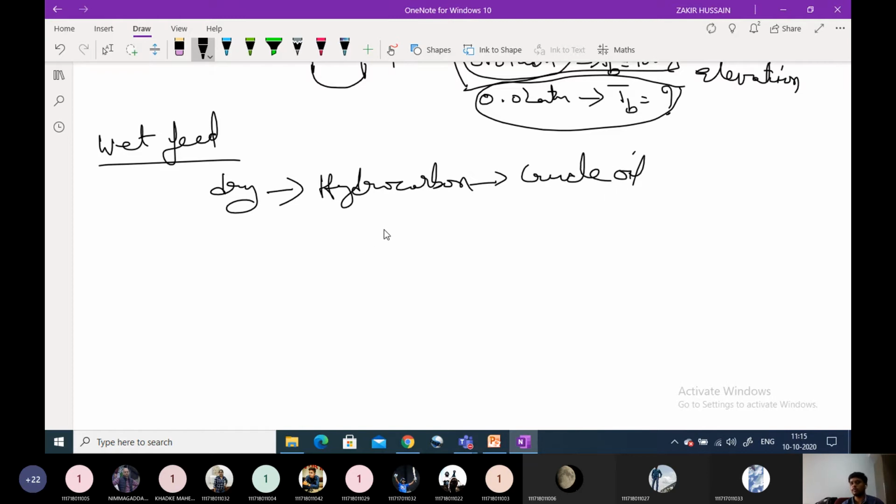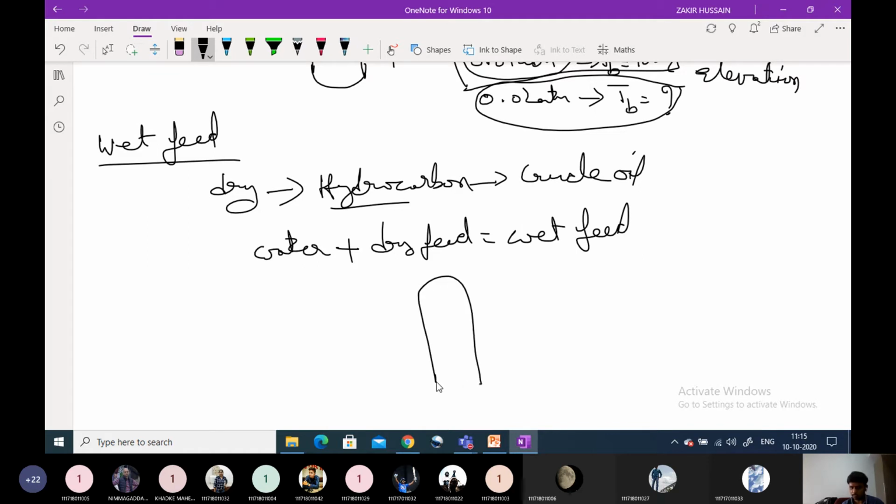Oil is not miscible with water, we know that fact. Your desired feed is a hydrocarbon feed. When water gets into your dry feed, water plus dry feed, this is called a wet feed. This wet feed is entering your column.